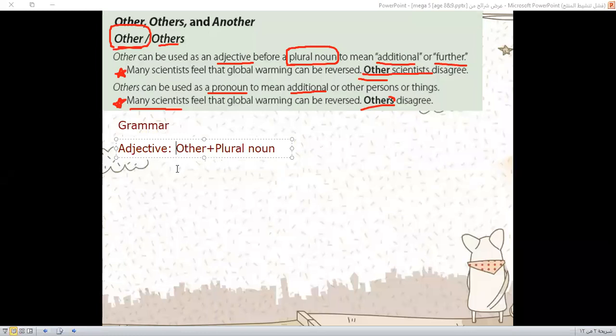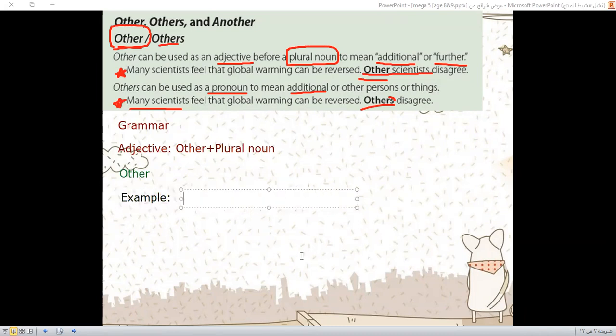Okay, so other plus plural. طيب. I need someone to give me an example. Any kind of example that you have. We're going to do the same thing as in the book.